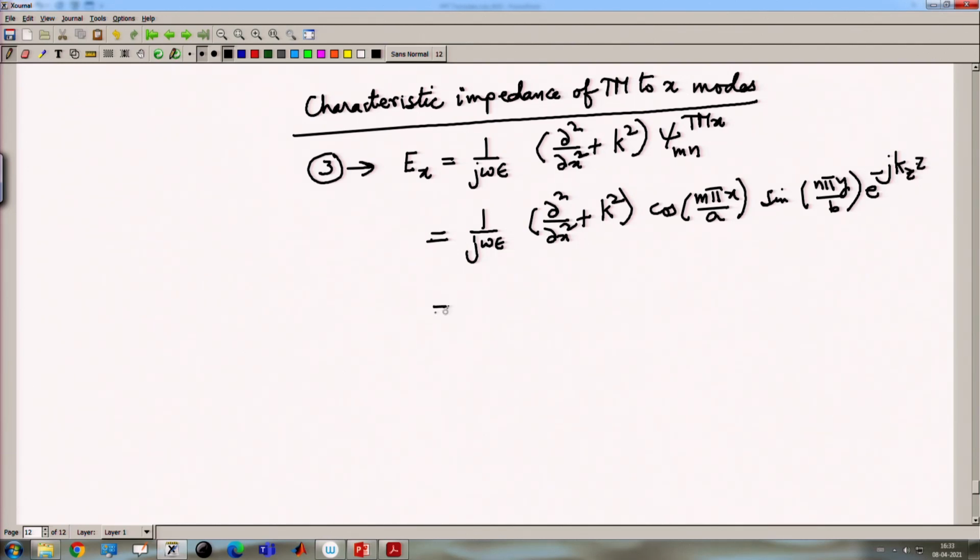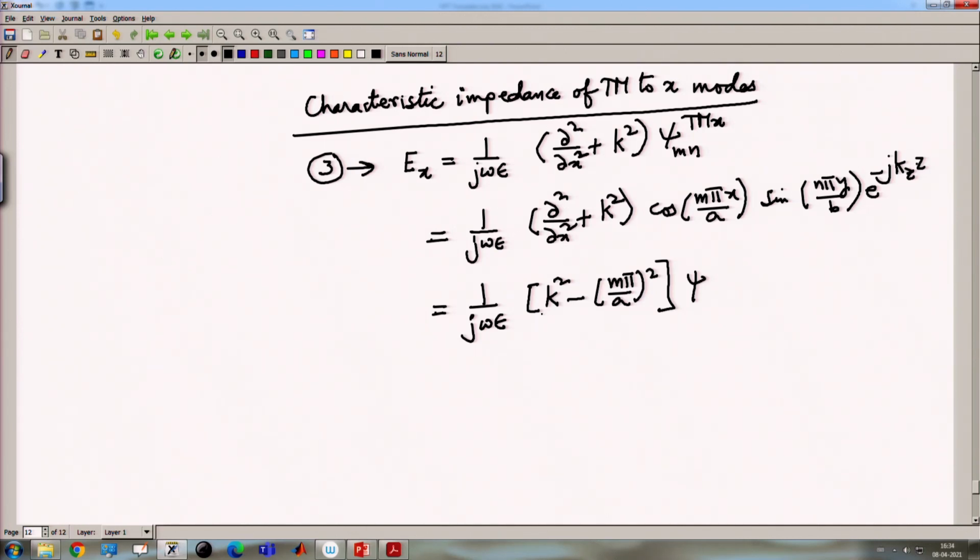So that is 1 by j omega epsilon, k square minus m pi by a whole square, psi, because of the del x square operation we have minus m pi by a whole square when we perform the derivative del x square on this function.